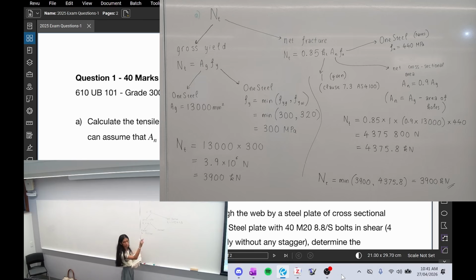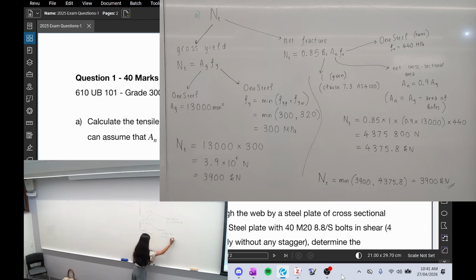Your section has both a flange and a web, and they have different values for F_y, your yield stress, so you take the minimum of the two. For the flange, you have a yield strength of 300.